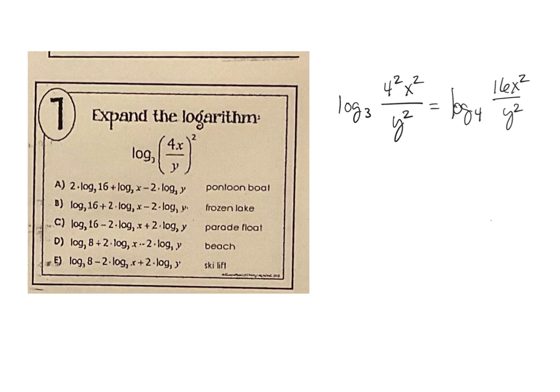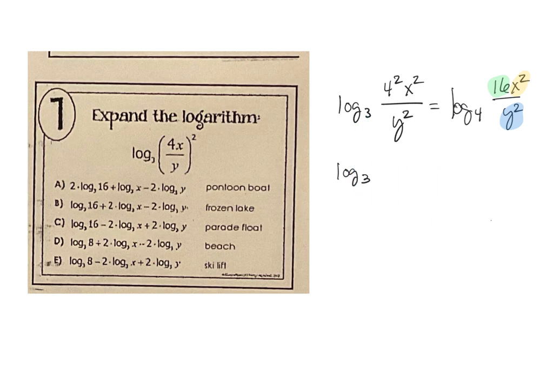Okay, now let's recognize that 16 is its own number and x squared is its own number, and so is y squared. The y squared being on the bottom means that the log attached to y squared is being subtracted because it's dividing. And the two logs on top are being multiplied, so those can be added. So we can write this as a log of base 3, because you have to keep the same base as the original logarithm throughout the whole problem.